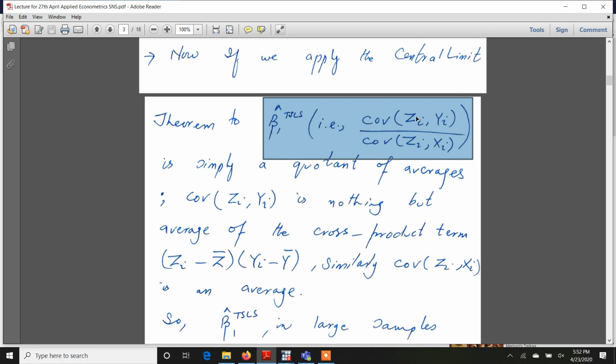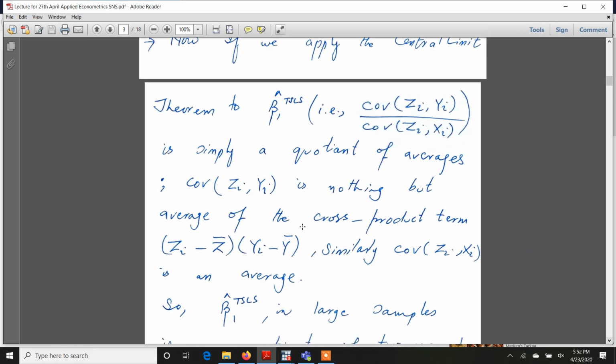Z is the instrumental variable, Y is the dependent variable, and X is the endogenous independent variable, right? So this covariance is nothing but an average of the cross product term. What is covariance? It is simply what you get if you average out this cross product term. Similarly, the covariance of Z and X will be another average of the cross product term. So these are averages, right?